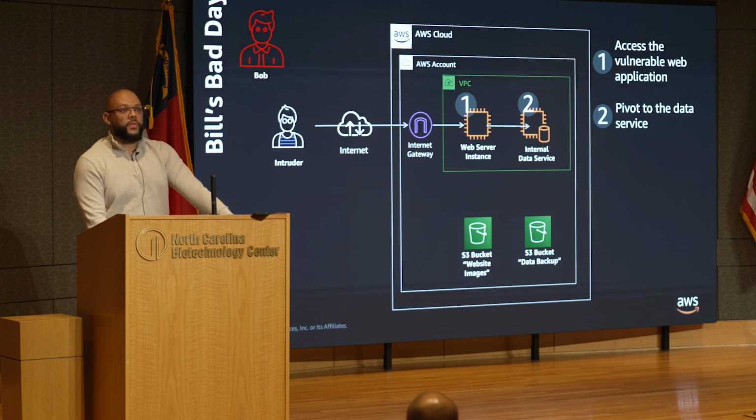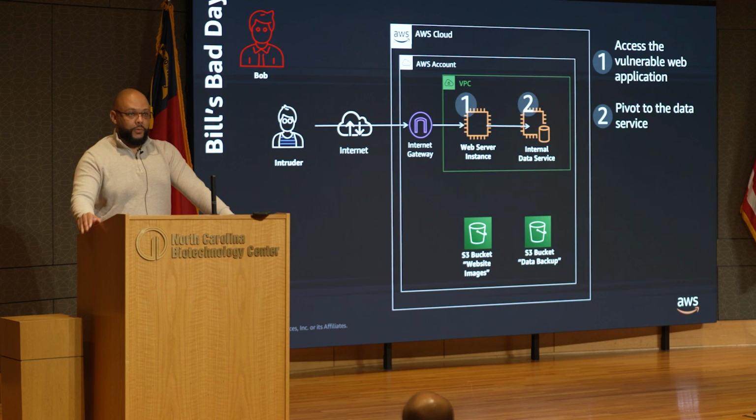From there, they find that on this instance, oh wow, within the configure folder, in the particular profile, there are some very privileged access keys that live on this particular instance. So I'm going to use those and start to pivot around and see what I can do within the environment. It moves to the data service.